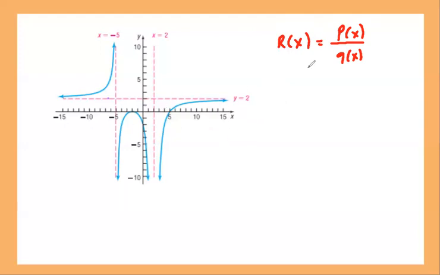Whenever you have a rational function, and your function is simplified, or in lowest term, meaning you were able to simplify the numerator and denominator as much as possible, what makes the numerator 0 is called the x-intercept.